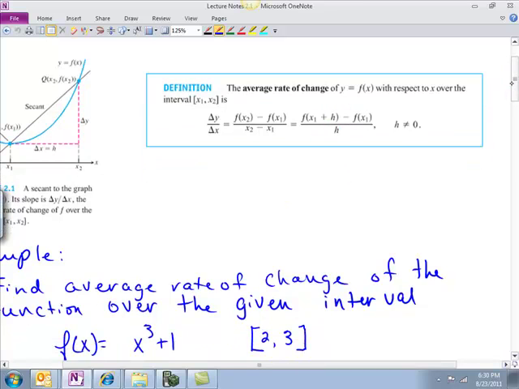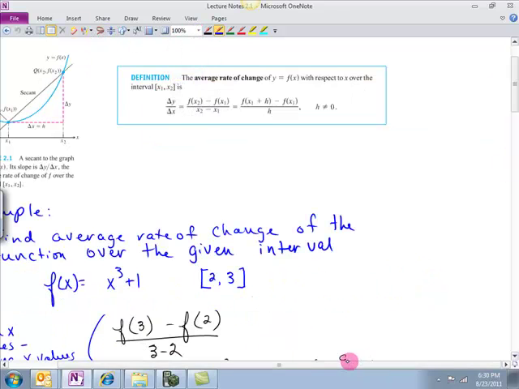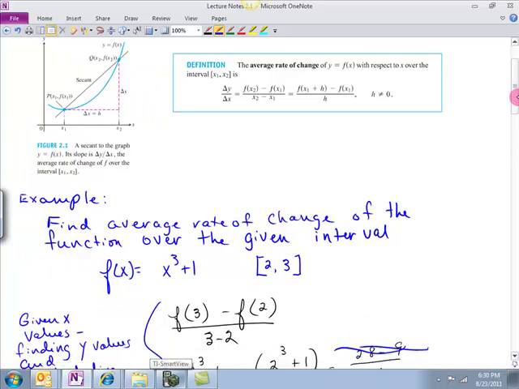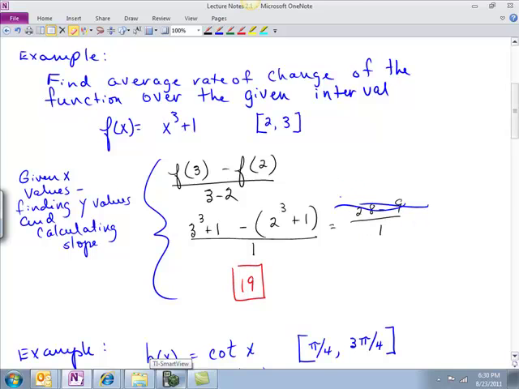So let's look at an example. Find the average rate of change of the function over the given interval. So we've got f of x equals x cubed plus 1.